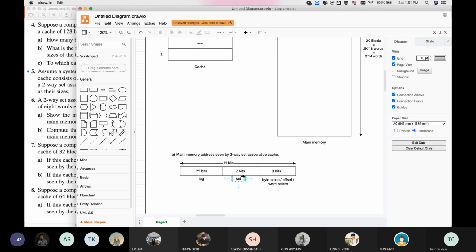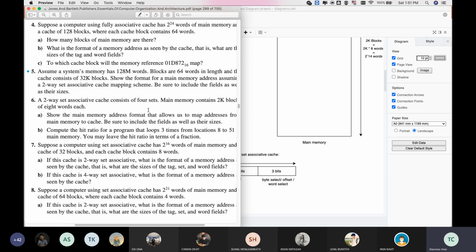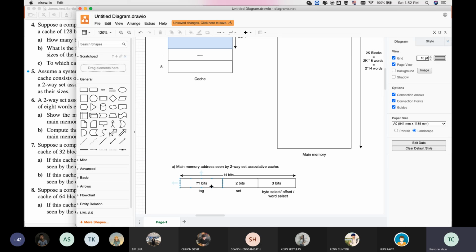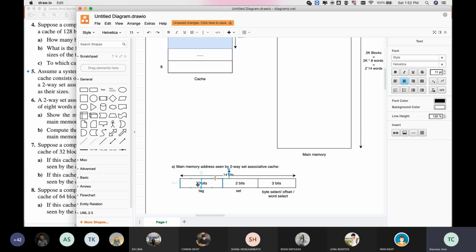Okay. From the instruction, they say that there are 4 sets. And the number of bits here refers to the number of bits required to identify all the sets. So we need 2 bits. So the tag here is the remaining, which is 7 bits.